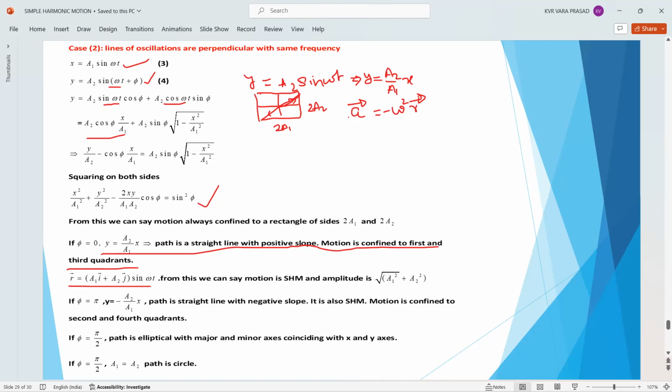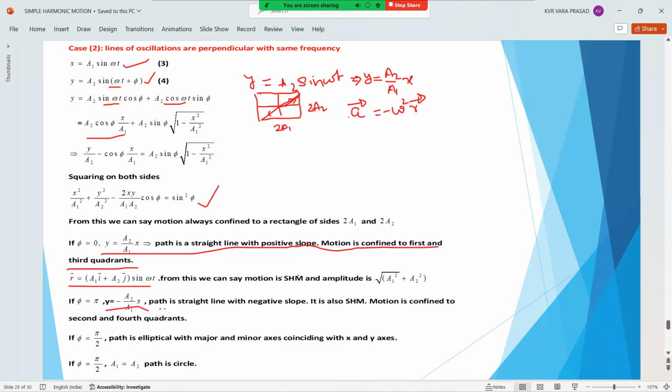So we can give the same conclusions for phi equal to pi. We can see the next one. So phi equal to pi, y equal to minus a2 by a1 into x.